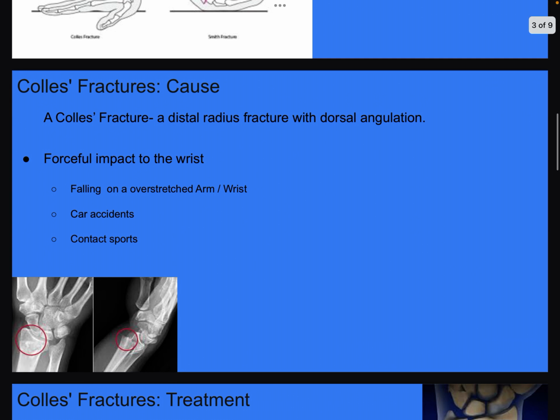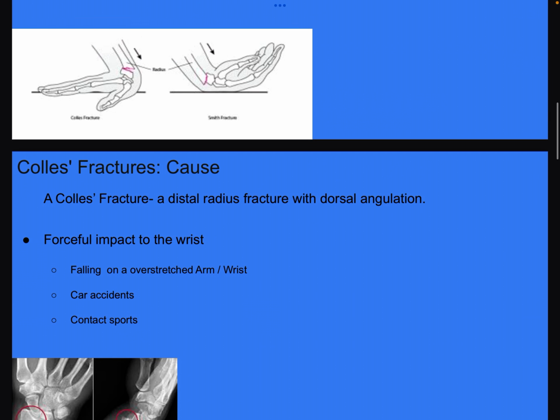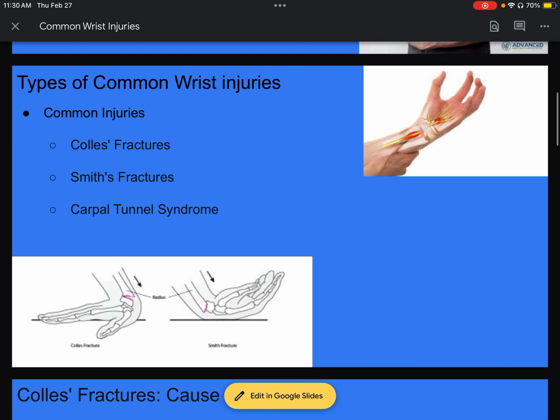So the Colles fracture and its causes. It's a distal radial fracture, which means falling on an overextended arm or wrist. It's overextended, so it's laid flat. We're going to go back to this picture.